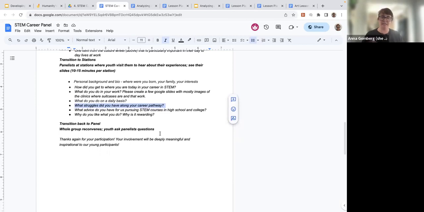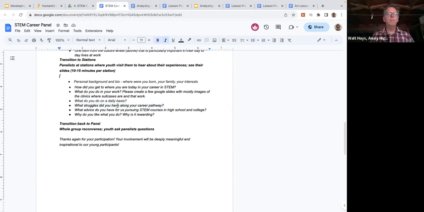This isn't necessarily something that is easy to do in a classroom, but the resource is there if you can, or if you're already doing something and whoever's organizing it wants some other ideas of how to design a career panel in a way that should hopefully help develop more students' STEM identities. Does that all make sense? Any questions about that?